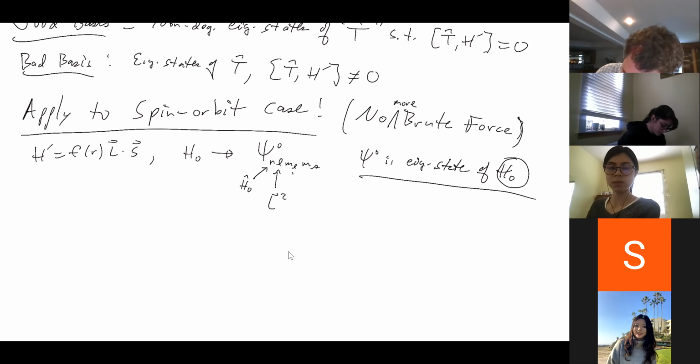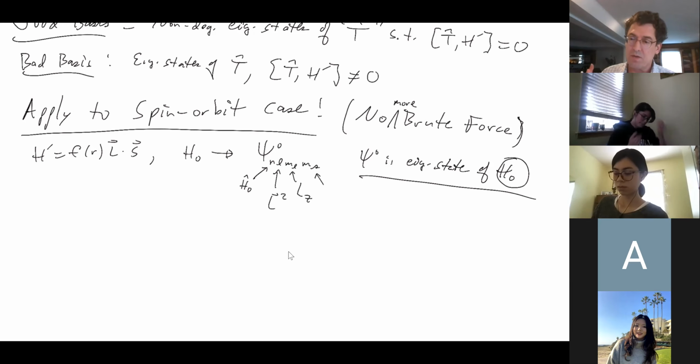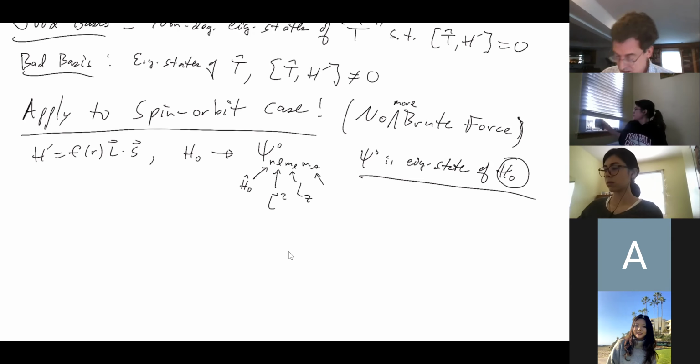Good. M sub L is an index denoting the eigenvalue of what operator? L sub Z. Yes. M sub S is a quantum number denoting an eigenvalue of what operator?